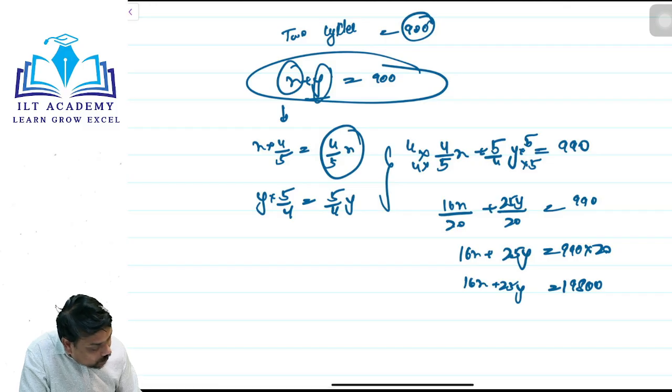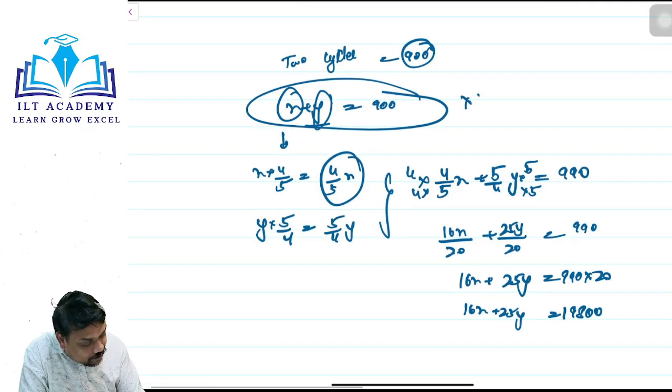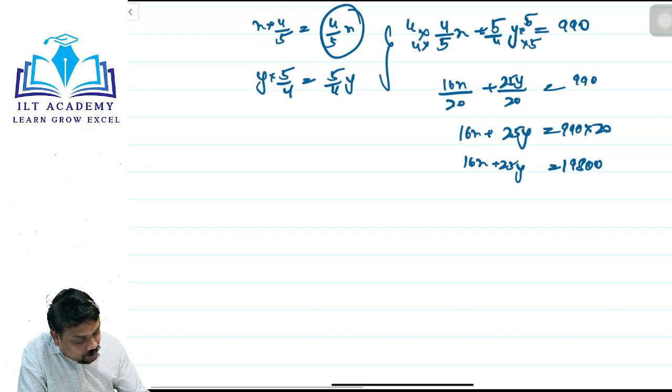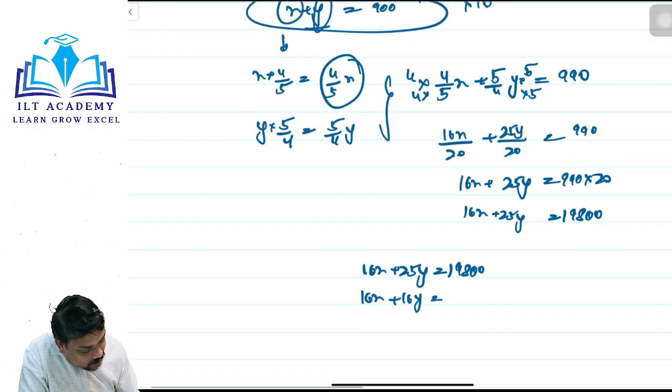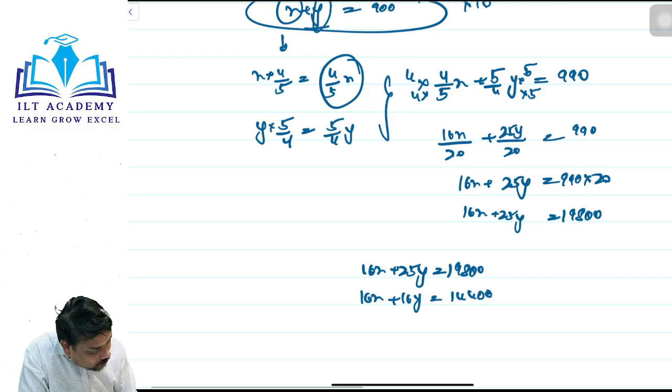Now look, what you can do is multiply this whole equation by either 16 or 25. You can solve these equations. Okay, multiply by 16, then I will get what? 16x plus 25y is equal to 19,800, and here I got 16x plus 16y is equal to 16 nines are 144, 14,400.